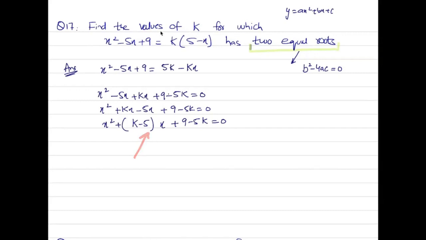So x squared plus (k minus 5) times x plus (9 minus 5k). The coefficient of x squared is 1. Just compare this with ax squared plus bx plus c equals 0. The value of a is 1, the value of b is k minus 5, and the value of c, the constant term, is 9 minus 5k.